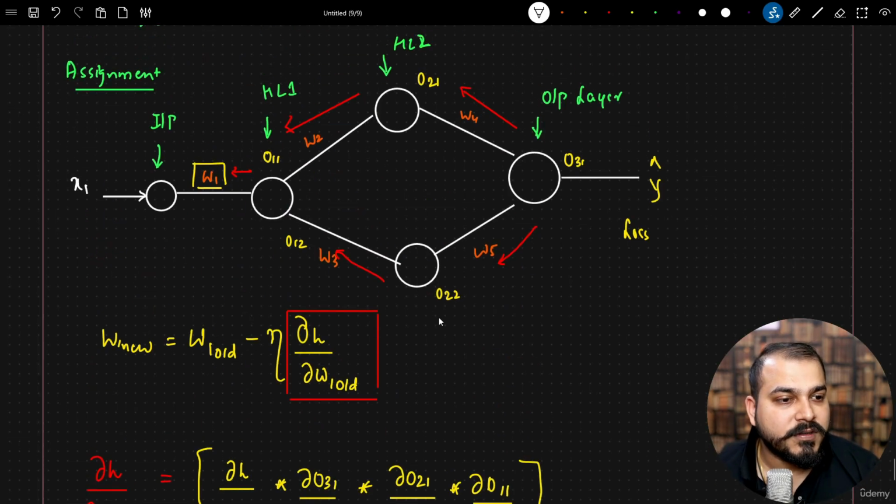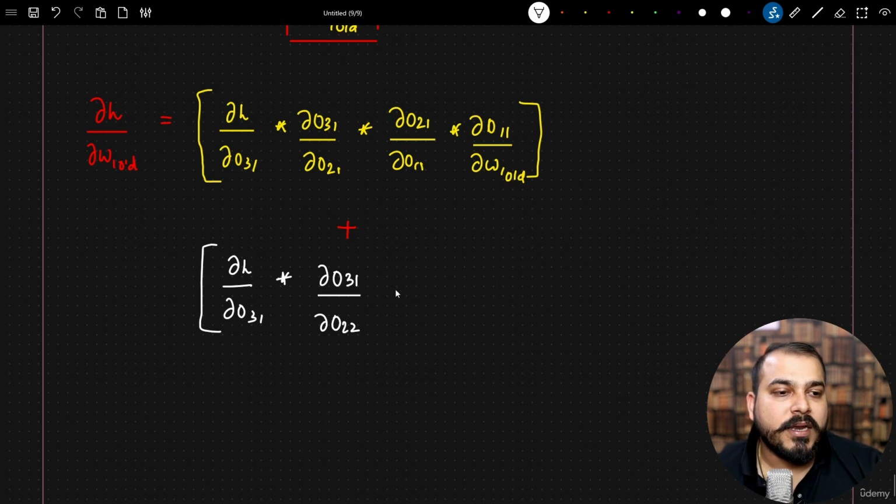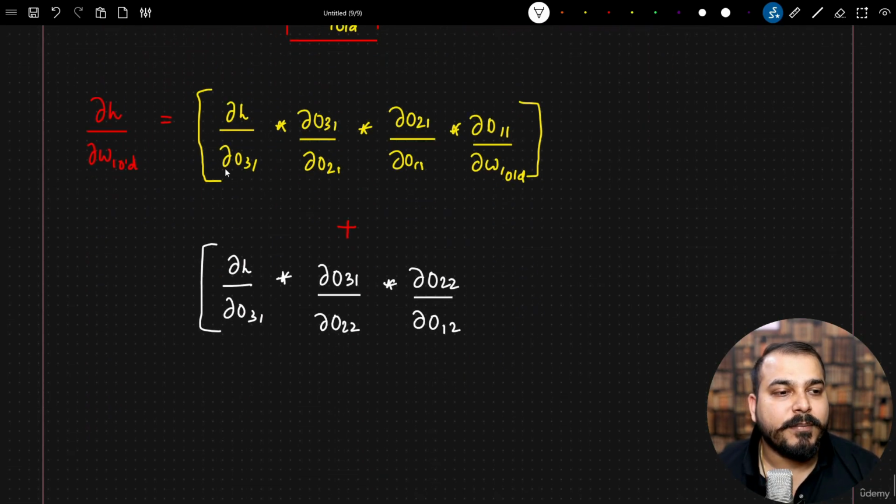Why O22? Because this is the O22 output, right? O31 is nothing but O22 multiplied by W5 and then an activation function we specifically apply, like sigmoid. Okay. And then you can also see that I will be writing derivative of O22 with respect to derivative of O12, and then O12 is directly dependent on W1.